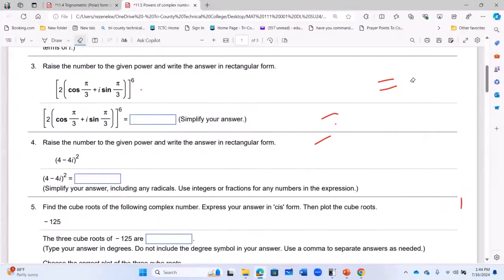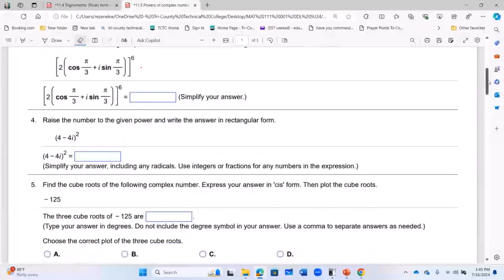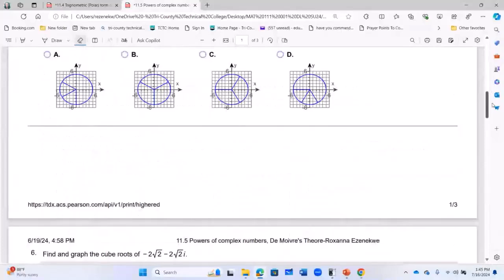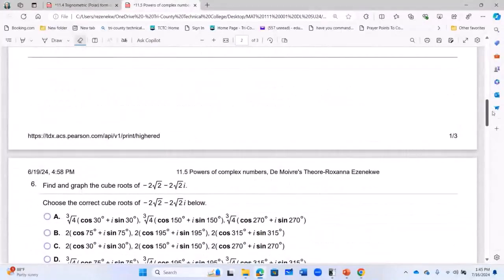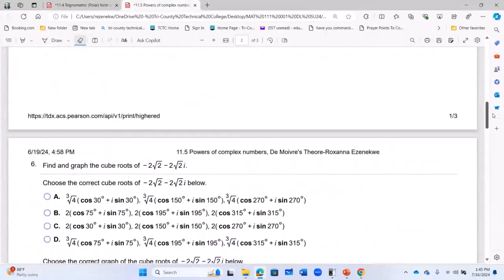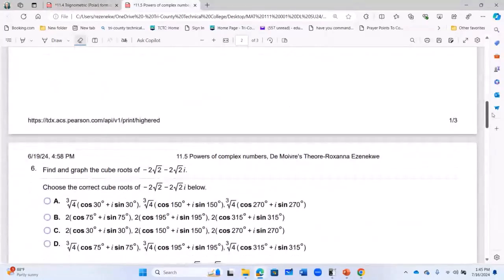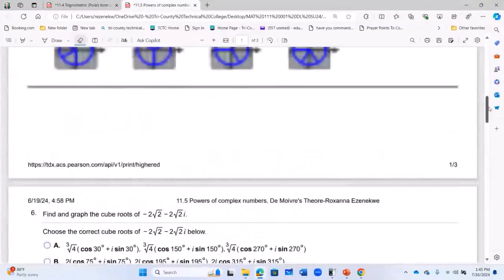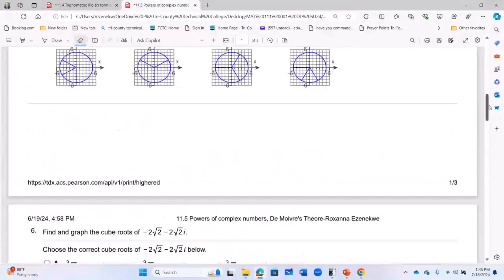Let's do something like find the cube root. I'm not doing the cube root of that for now. First of all, you want to convert that function. Convert the function given to us.